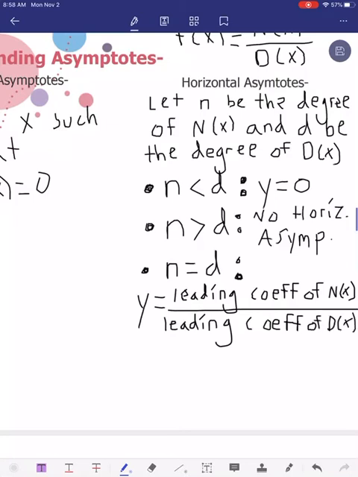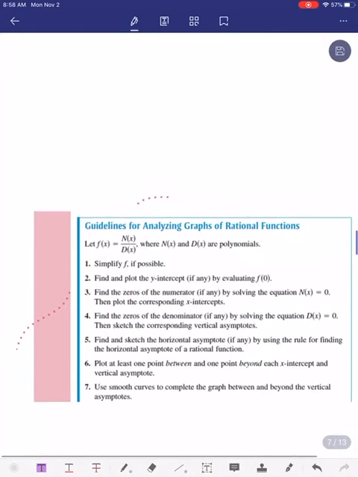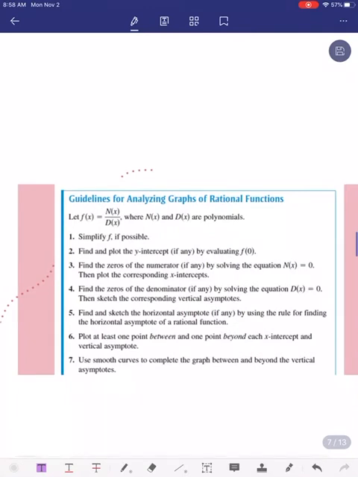So basically, we're just going to look at those first terms, just the coefficients, and then we're going to divide them, and that's going to be what our y equals. So let's go ahead and look at some examples and find some.